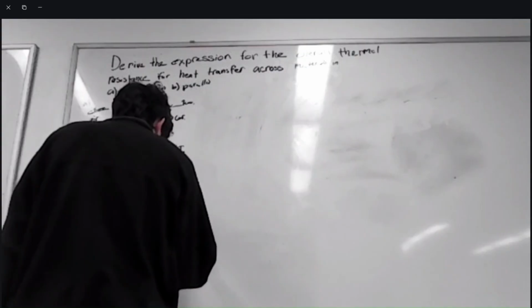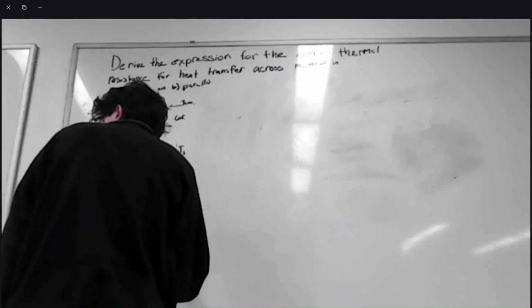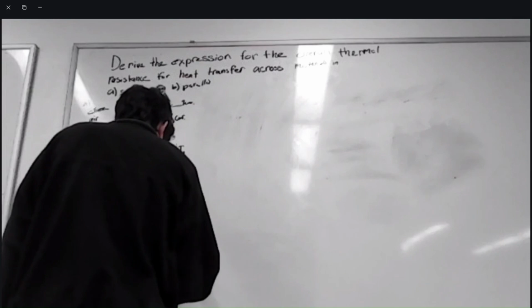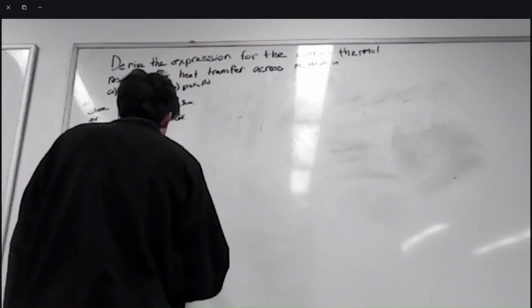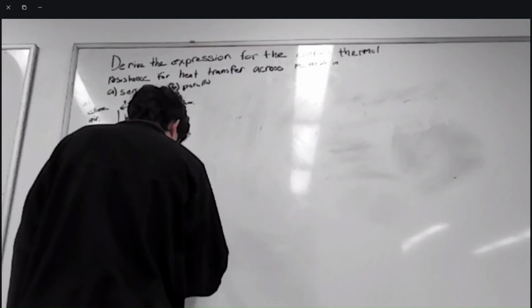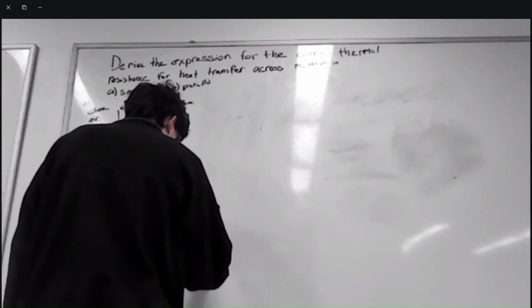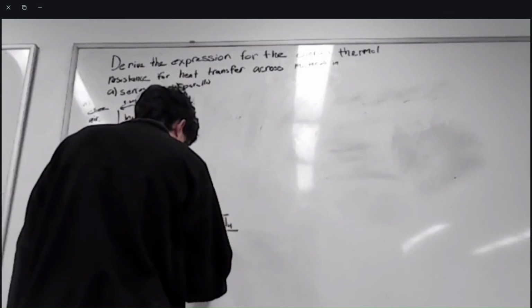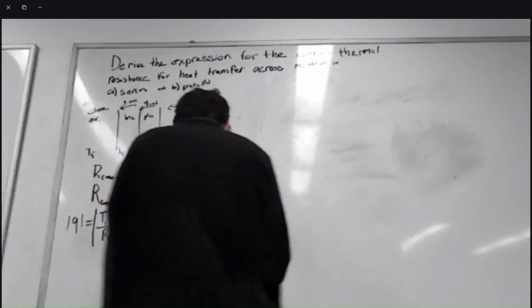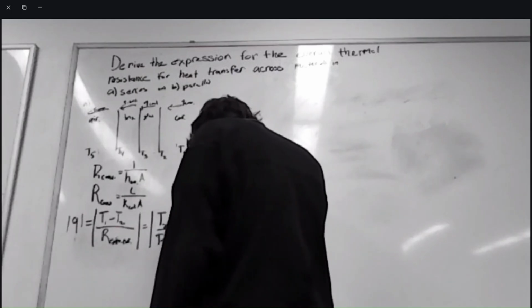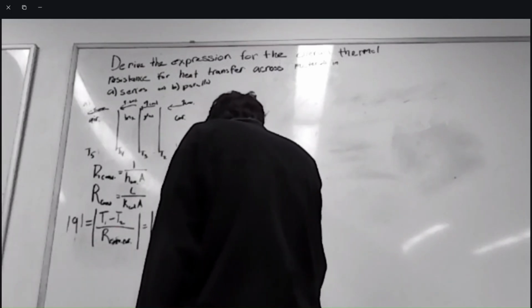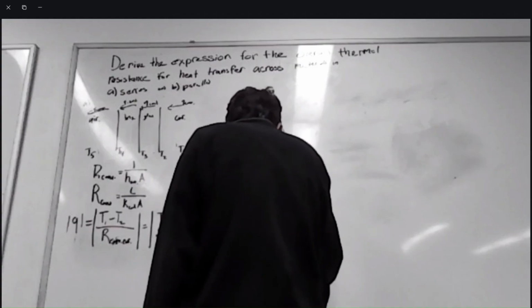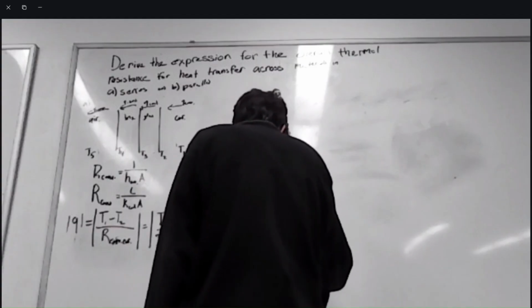Temperature 2 minus temperature 3, resistance of conduction of the glass. Again, absolute values. Temperature 3 minus temperature 4, the resistance of conduction over the insulator. And for our last one, temperature 4 minus temperature 5, the resistance of convection of the air.